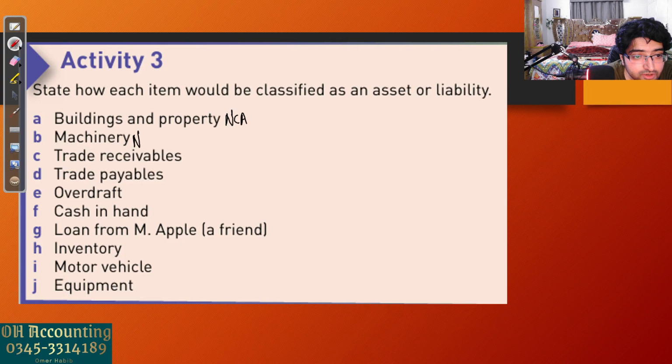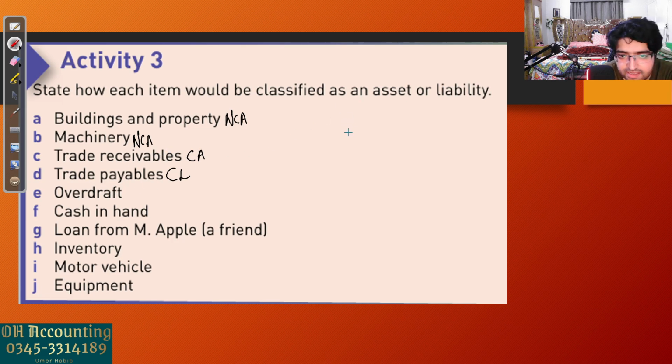Machinery again is a non-current asset. Trade receivables are our current asset. These are those people who owe us money and we expect them to pay us within 1 year. Trade payables are our current liabilities. These are people who have provided goods to us on credit and they expect us to pay within 1 year.